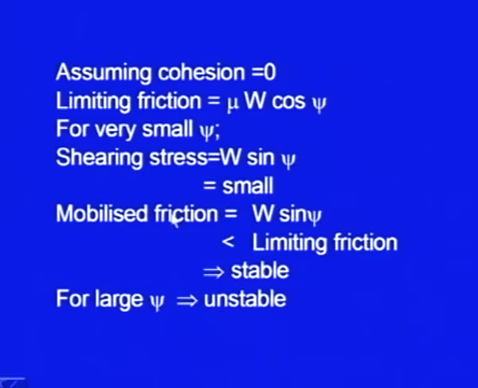And there will be mobilized friction equal to W sin psi. Its maximum value can only be equal to the limiting friction. So, if psi goes on increasing, this will also go on increasing, but only up to a certain maximum value, that will be the limiting case.